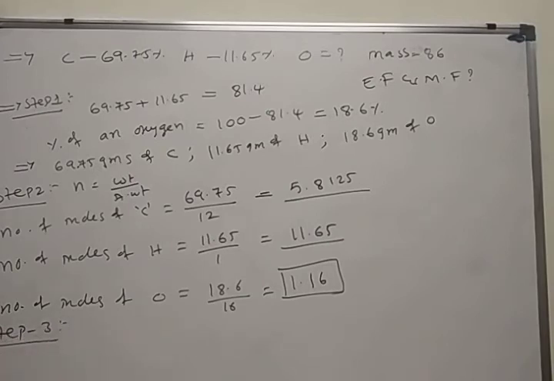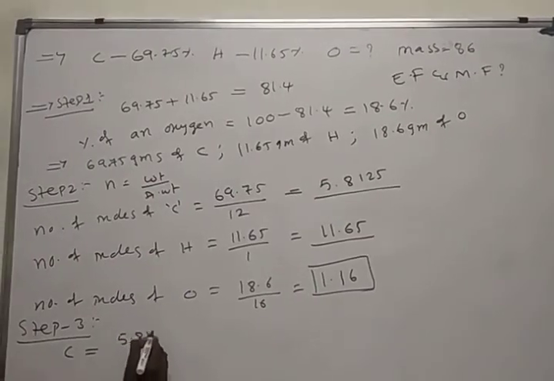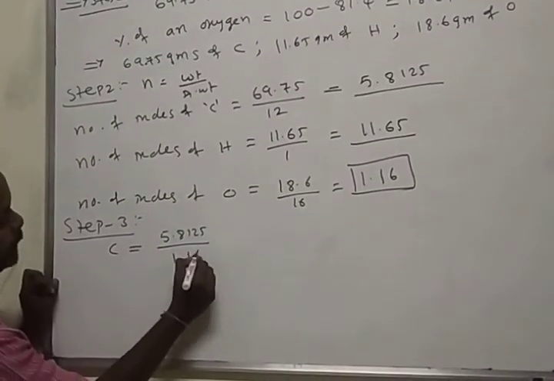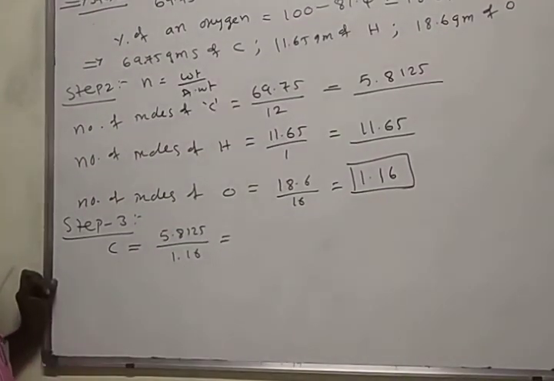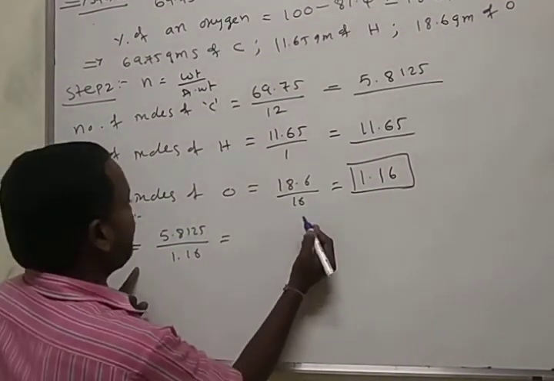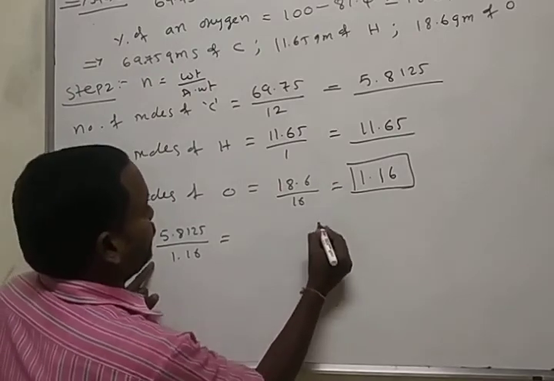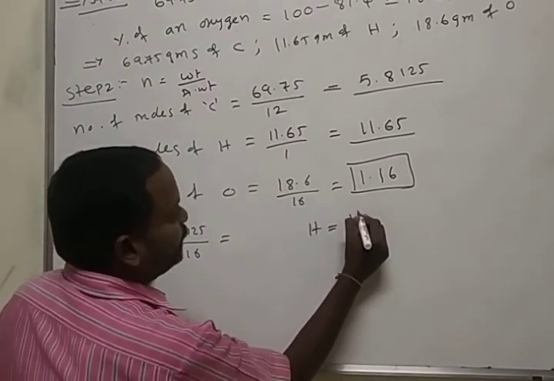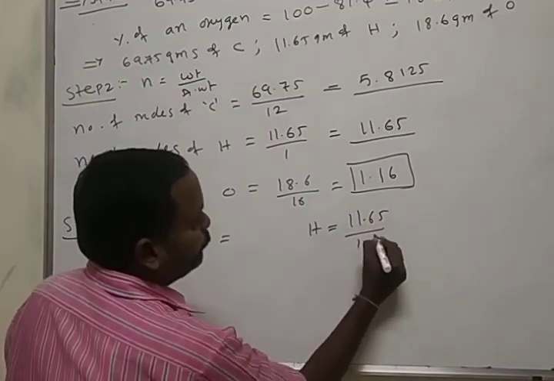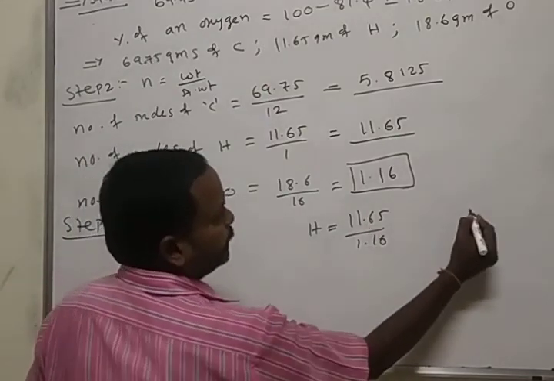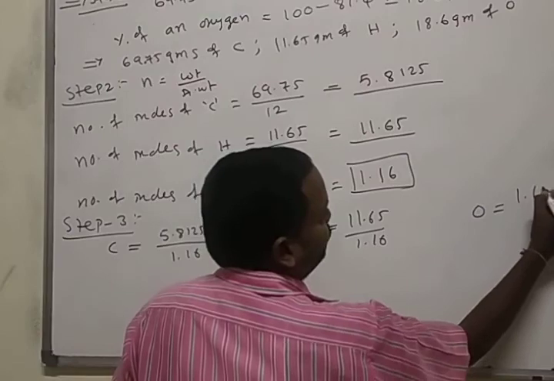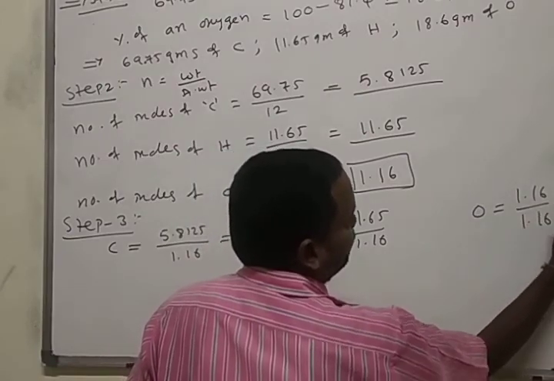Step 3: divide all the number of moles values by the least number. Carbon is 5.8125 by 1.16, hydrogen is 11.6 by 1.16, and oxygen 1.16 by 1.16 is equal to 1.